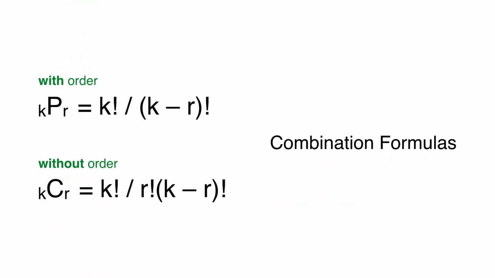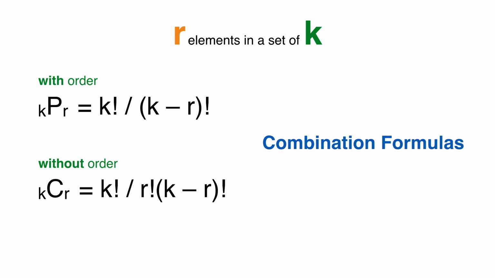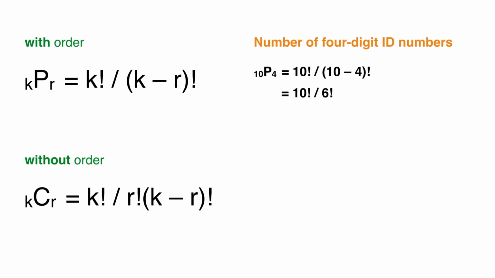The formulas for counting the number of potential choices of R elements in a set of K, with and without order, are called combination formulas. As can be seen, these formulas involve factorials, which usually translate into very large numbers. For example, the number of 4-digit ID numbers, which must be computed with the formula for combinations with order, is 5040.